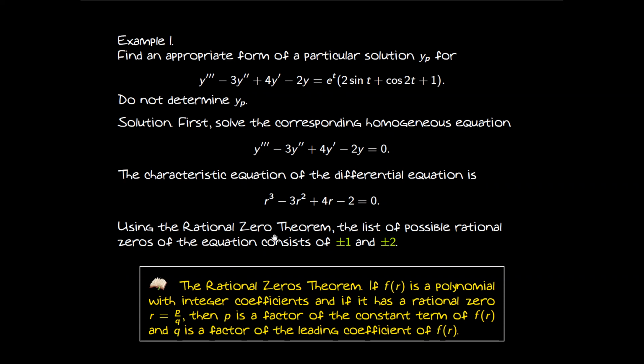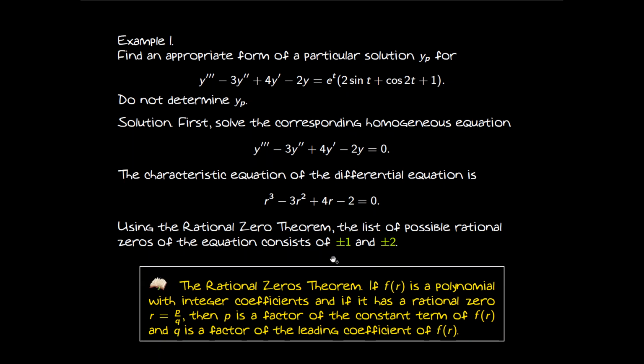So therefore, the possible rational zeros are either positive or negative 1 and positive or negative 2. By the way, these are just some potential rational zeros. The theorem only gave you some potential ones. It didn't say all of these numbers are going to be roots of this equation.